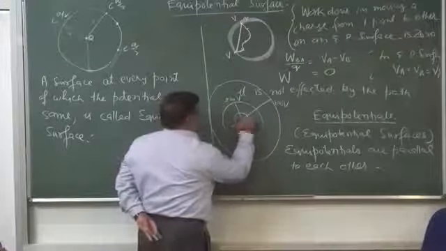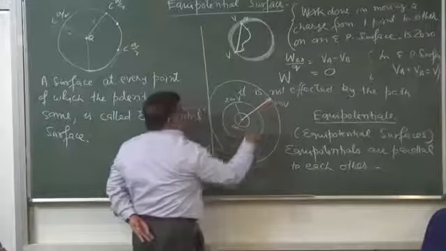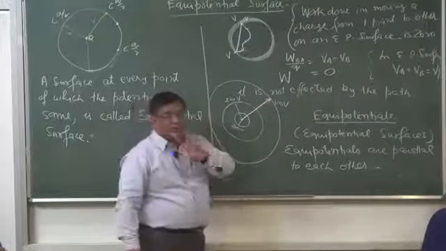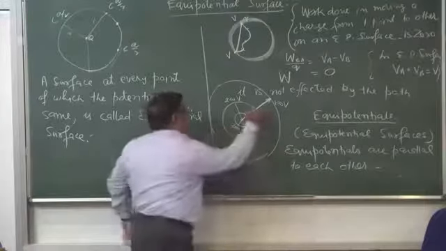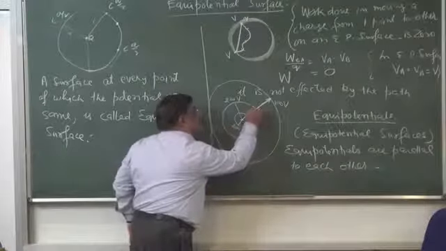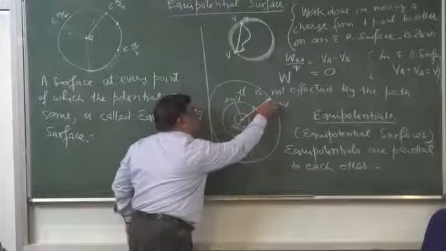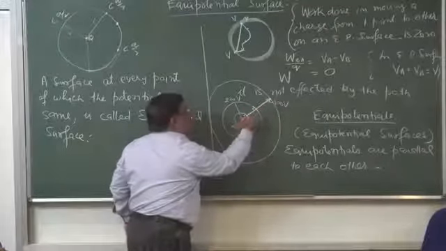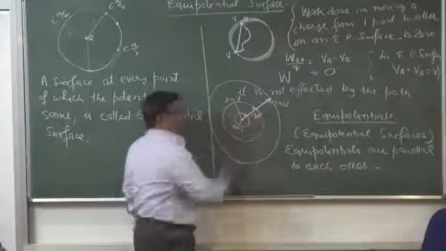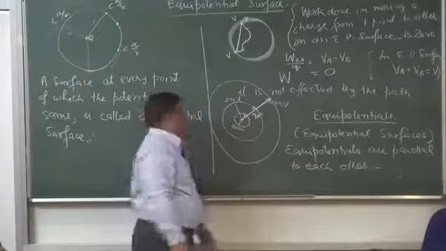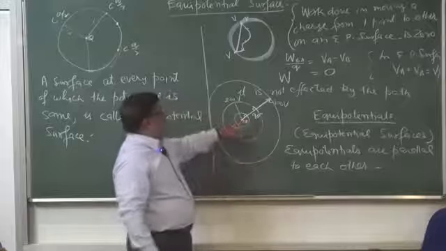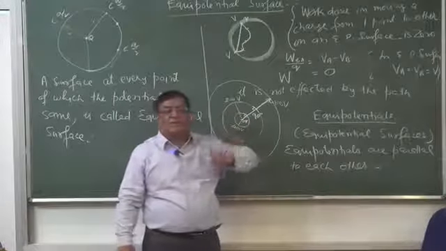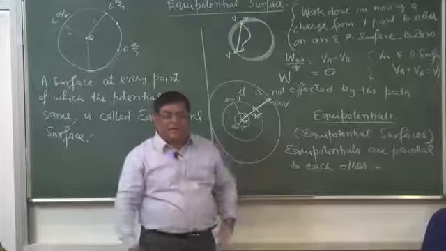Now, another thing. This radius has two indications. Number one, because it is a radius and this is a surface, what is the angle between them? Correct, at a right angle. Another thing: the positive charge, or the source charge, is placed here. What is the direction of the electric field radiated by a point charge?